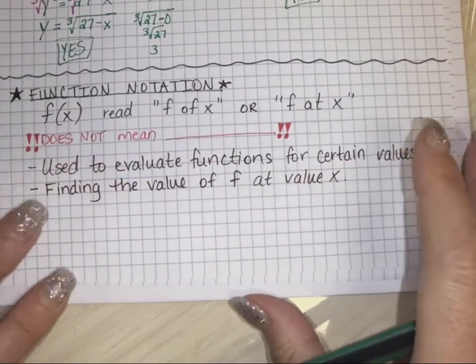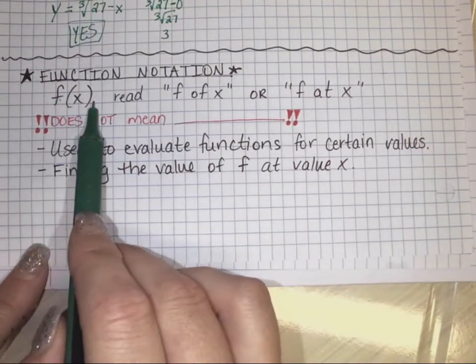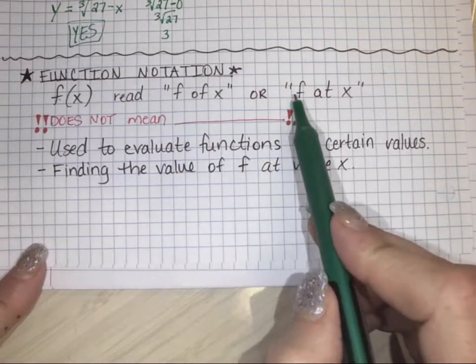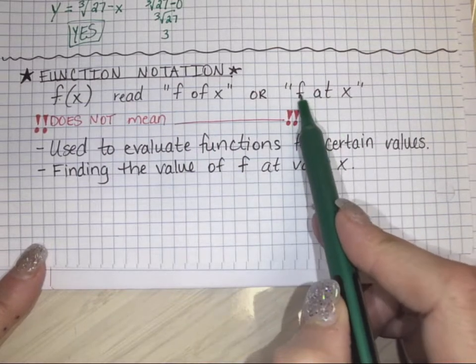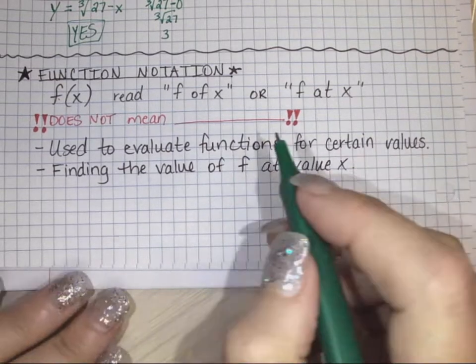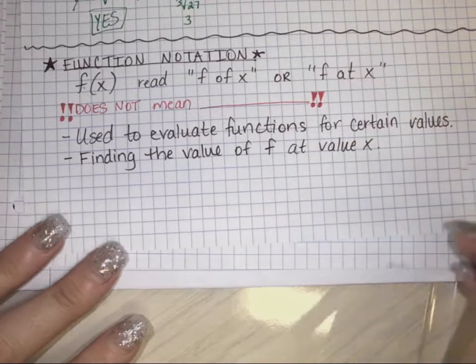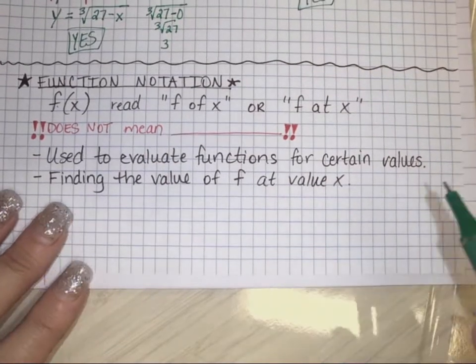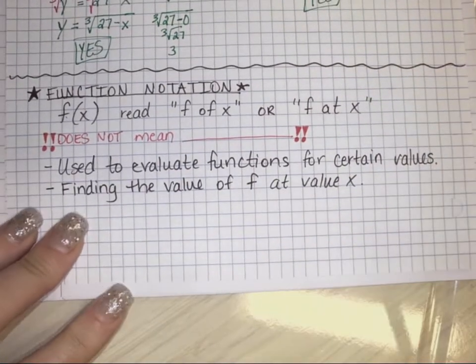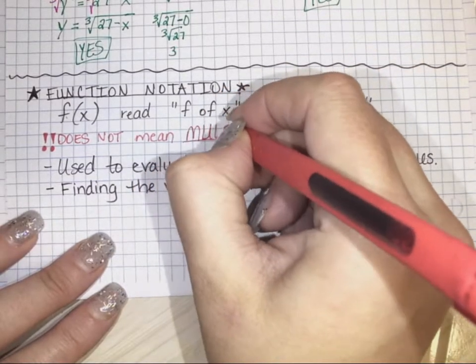Okay, let's move on to function notation. Function notation, f of x, that's how you read that, or you can say the value of f at whatever value x is. This notation does not mean multiplication.